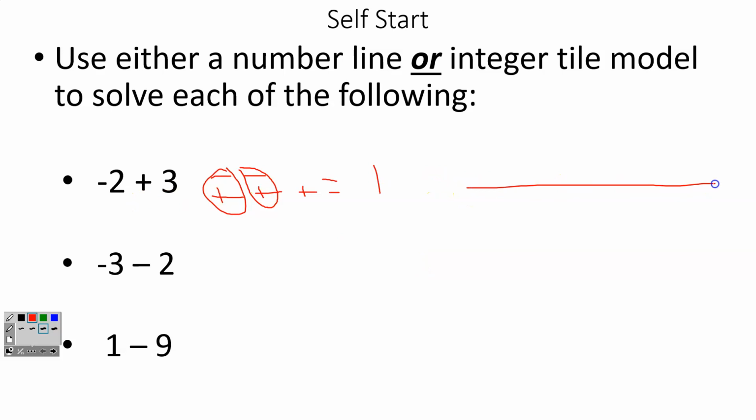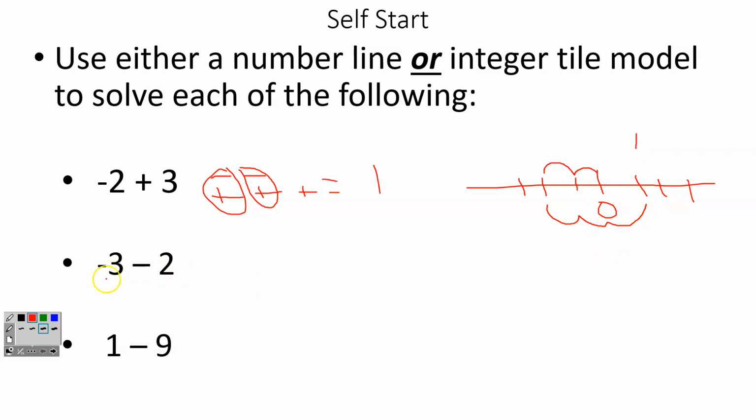If I were to do this on a number line, I would go 2 in the negative, 1, 2, and then I would go 3 in the positive, 1, 2, 3, and either way you look at it, I would end up at a positive 1.